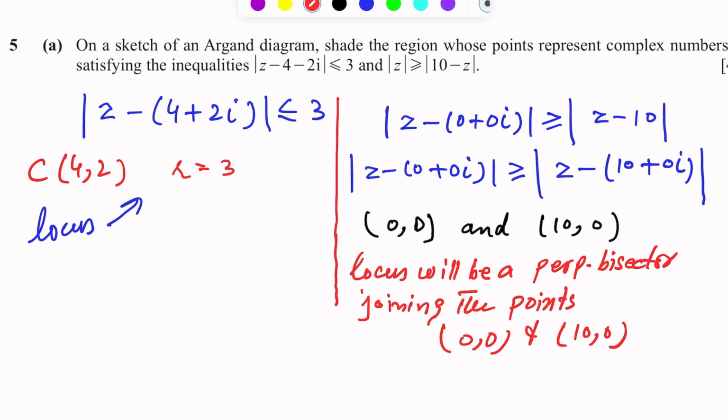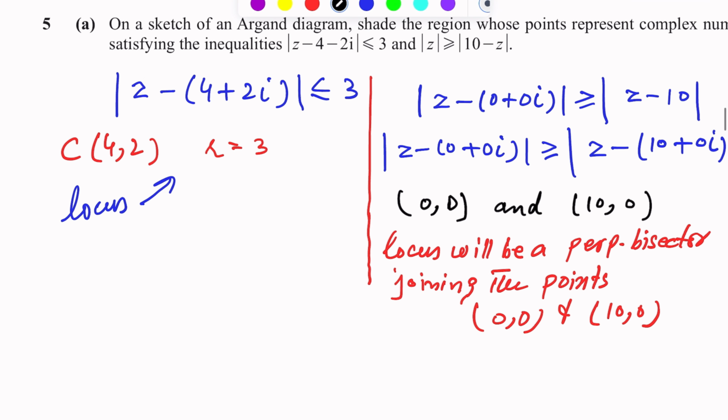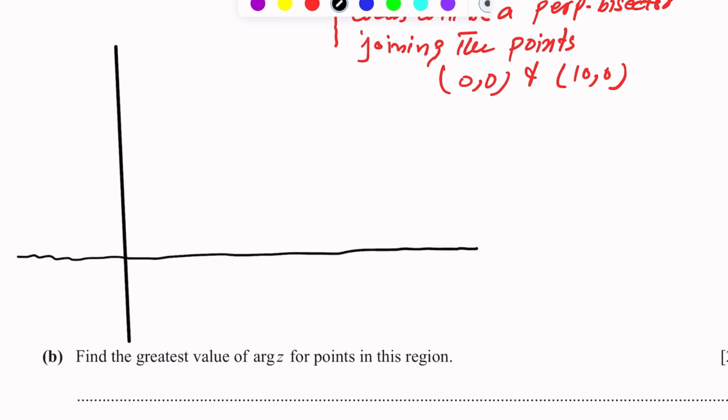Now we will sketch an Argand diagram of these two inequalities. We take the imaginary axis and the real axis, the origin, and mark the points 1, 2, 3, 4, 5.